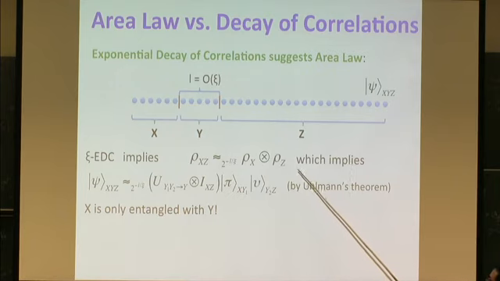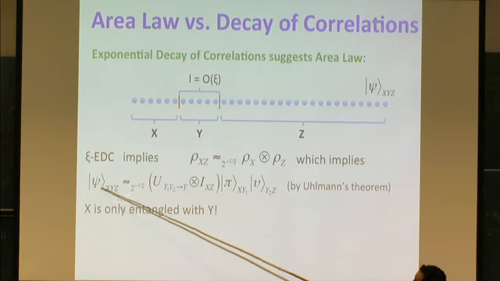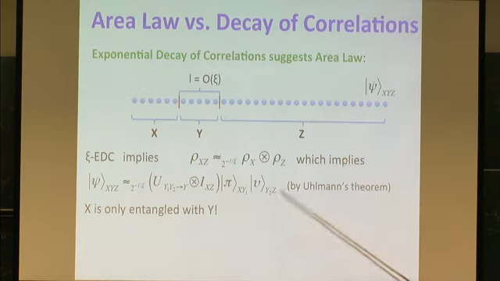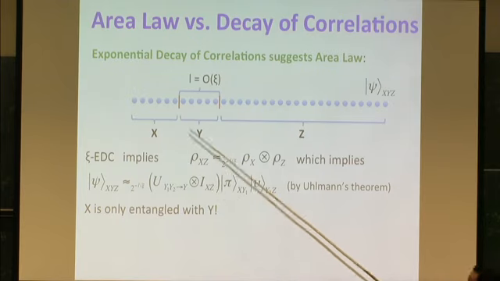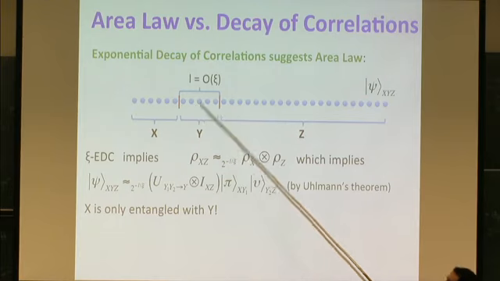Because then by Uhlmann's theorem, this would imply that we can see this state as an entangled state between X and some subsystem of Y, Y1, and another entangled state between Z and a subsystem of Y, Y2, up to some isometry mapping Y1, Y2 to Y. Therefore, X would only be entangled with Y and Z only entangled with Y. Because Y is not so big, this gives the area law.